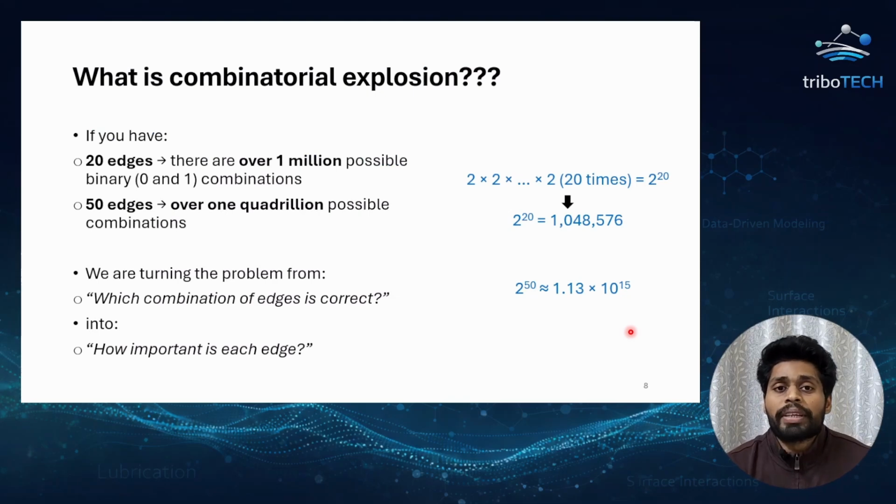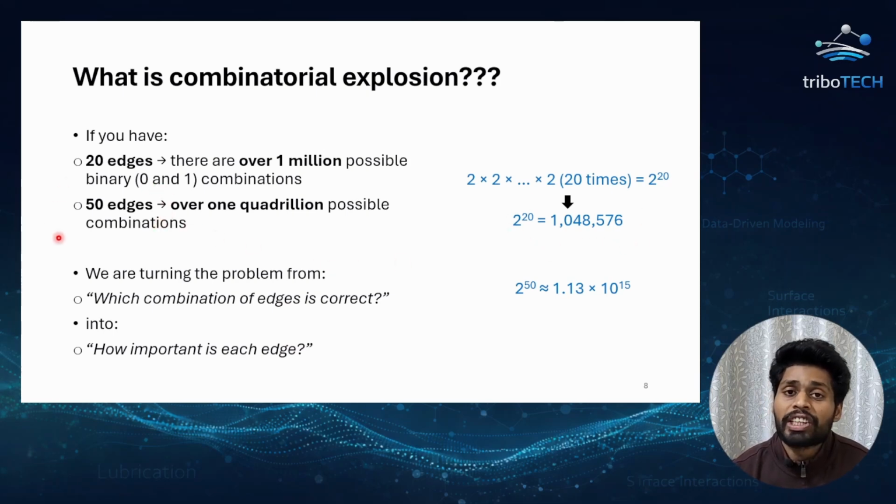So what is combinatorial explosion? For example, you have 20 edges in your graph. With 20 edges, if we have strict 0 and 1 as importance scores, then there are over 1 million possible combinations of subgraphs, right? And the mathematics is shown here: 1048576. That's more than a million.